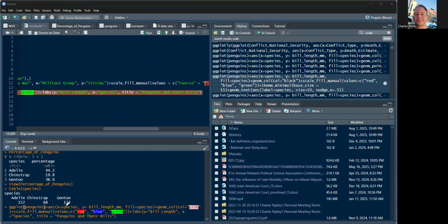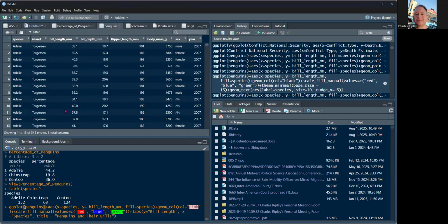That means each species will be filled to the extent of the bill length. If you come back up here and ask what the thing is, this is bill length, these are numbers. So the point of a bar chart is you're essentially asking yourself what these species are, right? You could also do islands relative to the bill length.